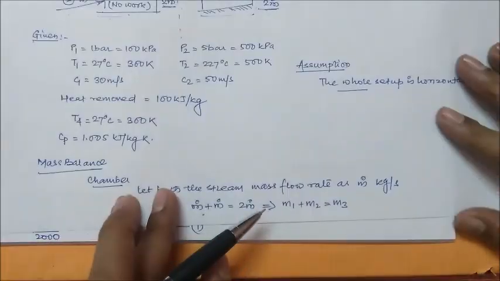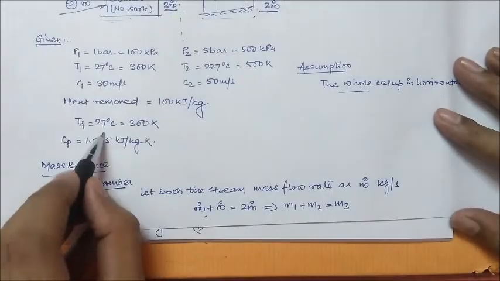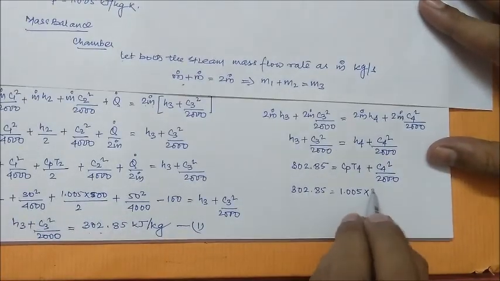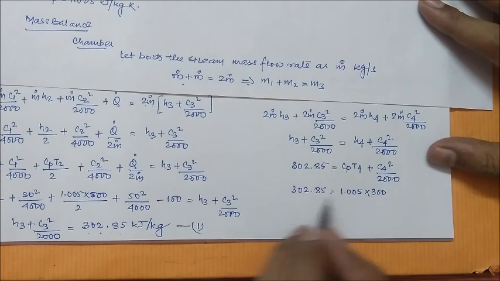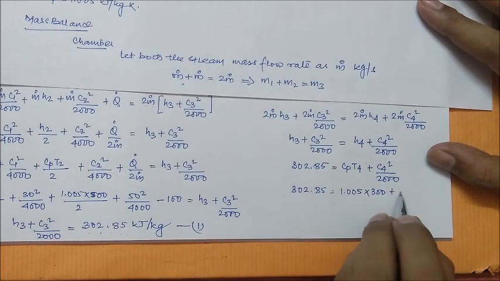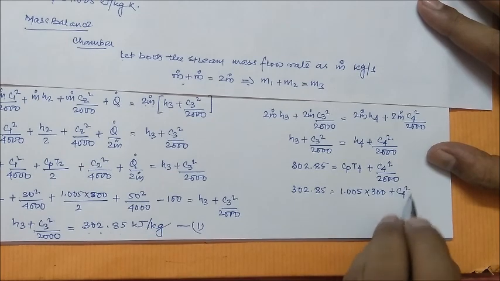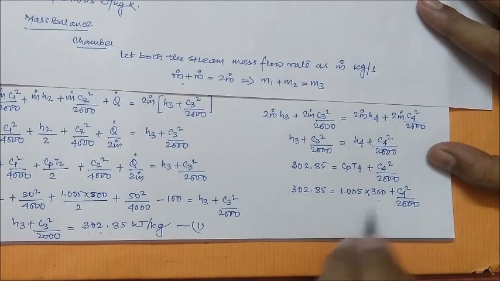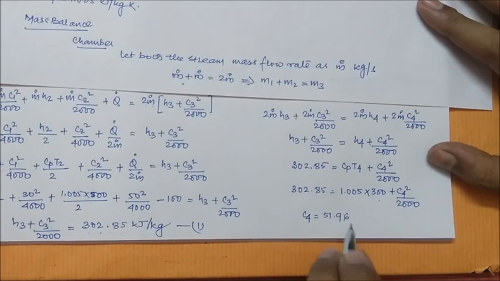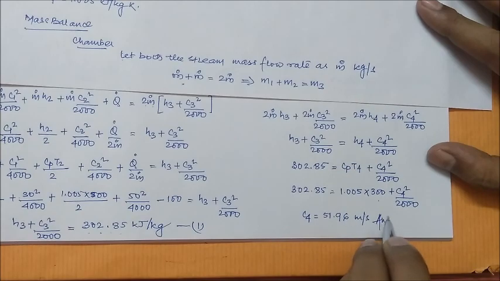It is given in the question as 27 degrees Celsius, that is 300 Kelvin. So we multiply by 300 Kelvin plus C4 square by 2000. From here we will get C4 as 51.96 meter per second, which is your answer.